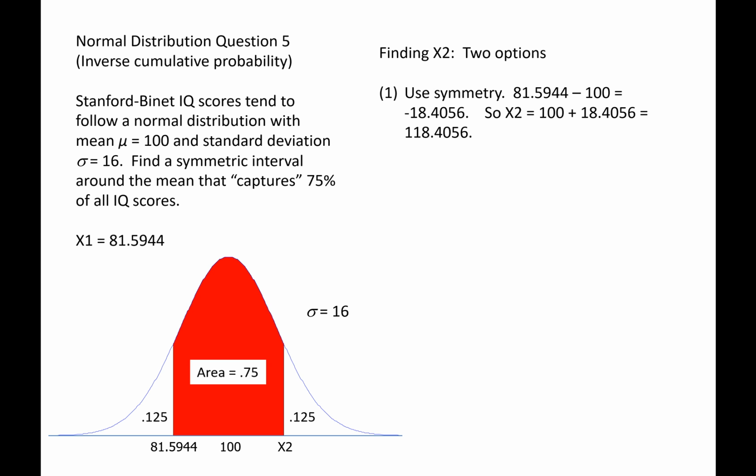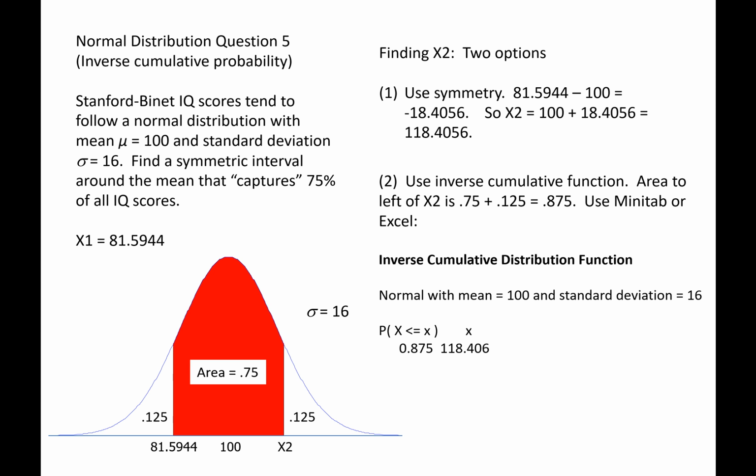So if we take that same distance and add it to 100, then we get 118.4056. That's one way. The other way we can do this is to use the inverse cumulative function again, and note that instead of 75% of the area to the left of x2, we actually have 87.5% of the area to the left of x2. So use Minitab or Excel, and we get exactly the same value.